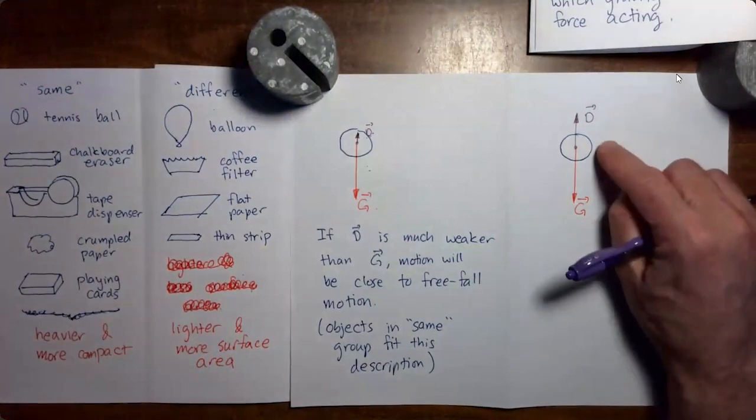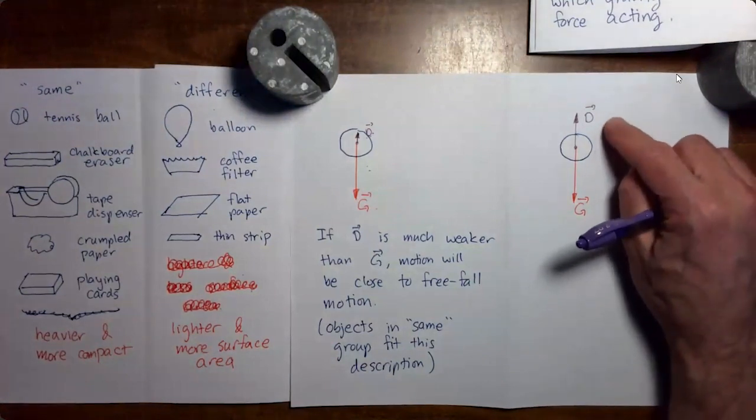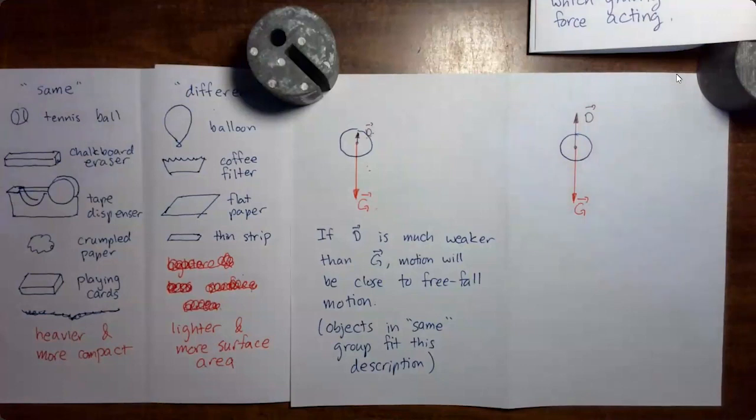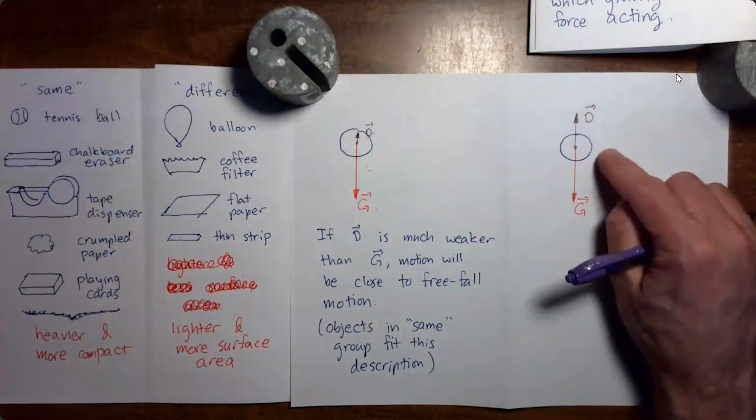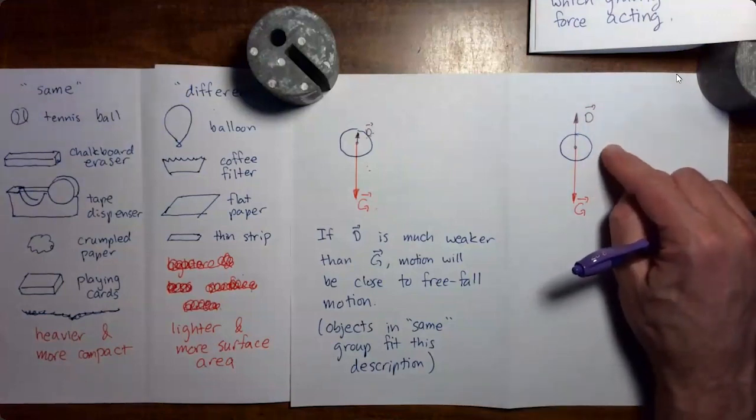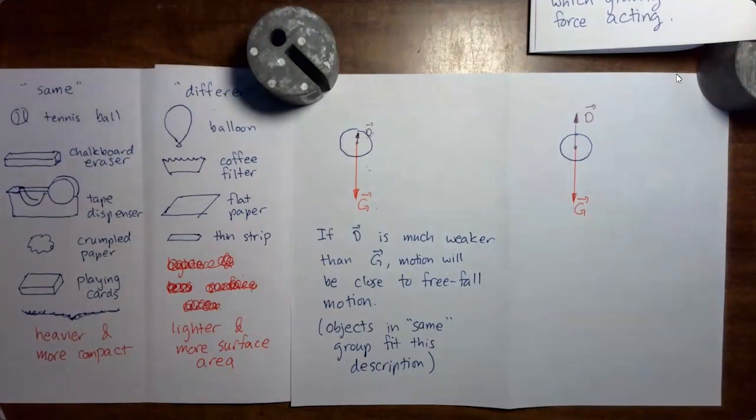Once the drag force is no longer so small compared to the gravitational force, the drag force can start affecting the motion of the object as it falls. Different objects are going to experience different drag forces according to their size and shape. So those different objects are going to be affected differently by those different drag forces, and so all of those falling motions are going to be different.